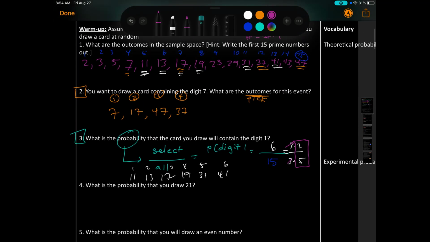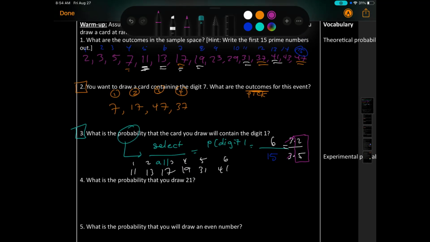Okay, what is the probability that you draw 21? I think I have a typo here. No, it's not a typo. Look at this. Here's the question. Where is 21 in this list of numbers? Remember the 15 prime numbers up there, is there a 21 in there?